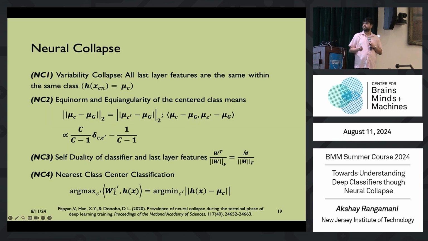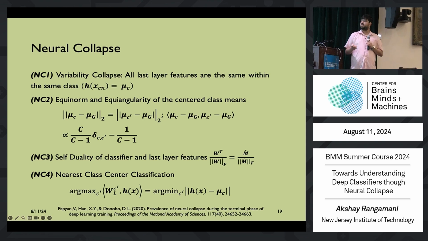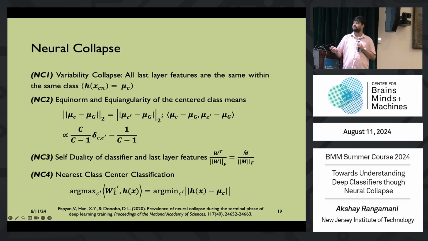Okay? So just to write these down mathematically, so we have a formula for them. Variability collapse: in the extreme case, all of the feature vectors are exactly equal to the mean. The equinorm and equiangularity of the central class means, so that basically says that the central class means form a simplex ETF.